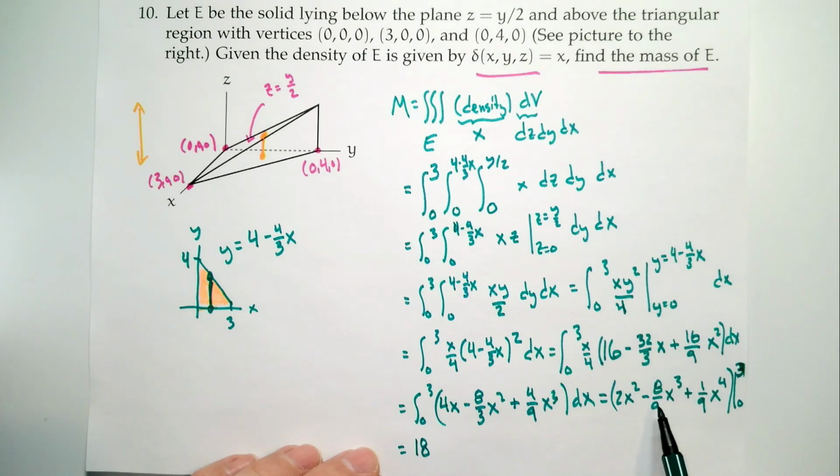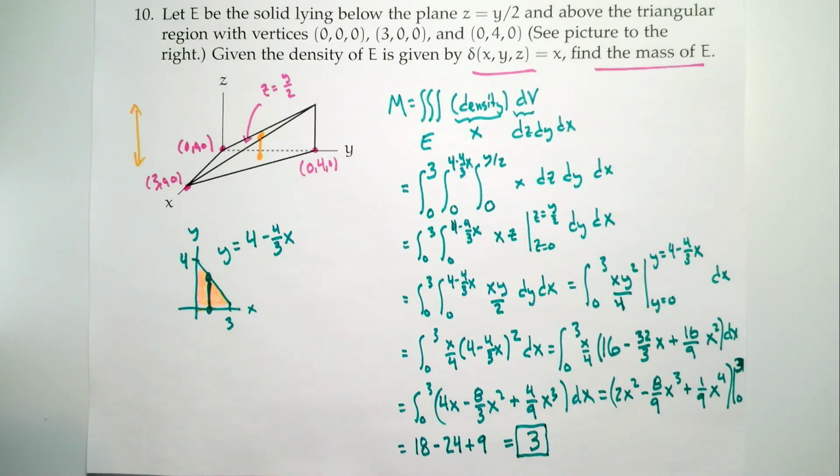Divide by 9 is going to be 3 times minus 8 is minus 24. Then 3 to the 4th is 81. Divided by 9 is 9, so plus 9. 18 plus 9 is 27. Subtract 24 leaves us with an unusually nice answer, 3.